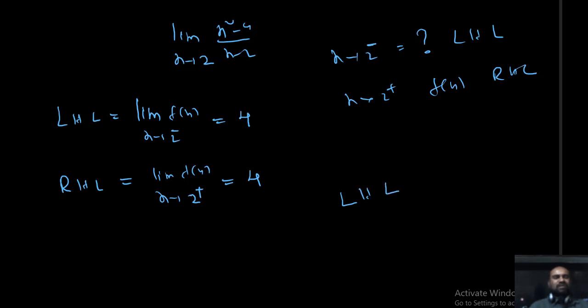Sometimes LHL won't exist and RHL also won't exist. Sometimes both exist, but they may not be equal. If LHL exists and RHL also exists and both are equal and both are finite, then you can say that the limit of the function exists, and the limit of the function is this finite value.